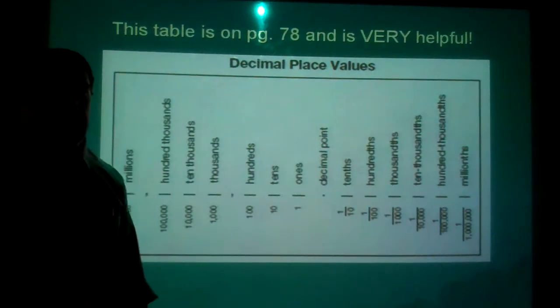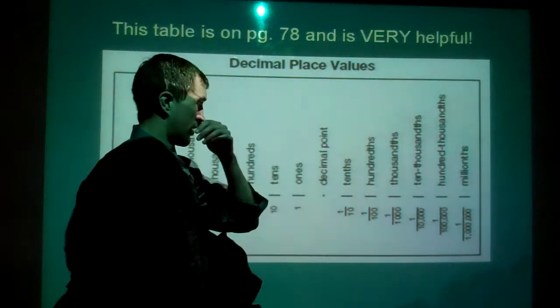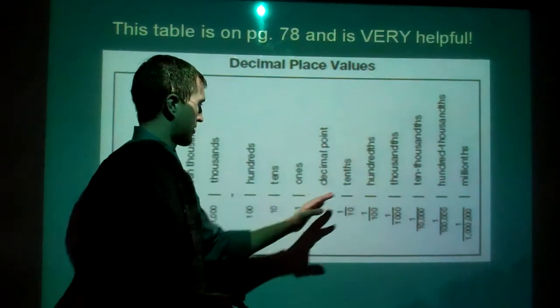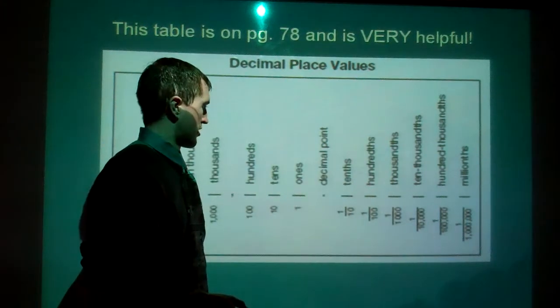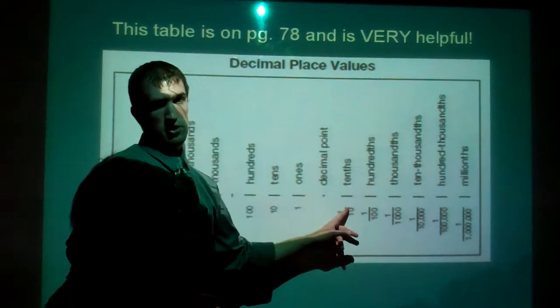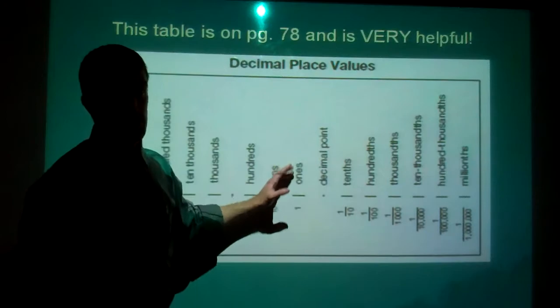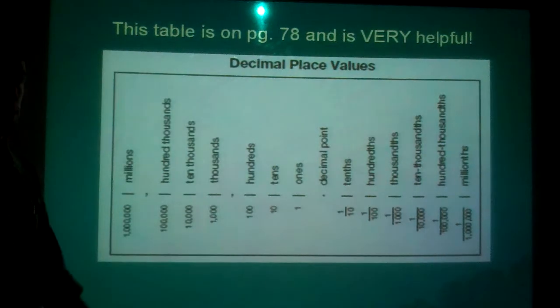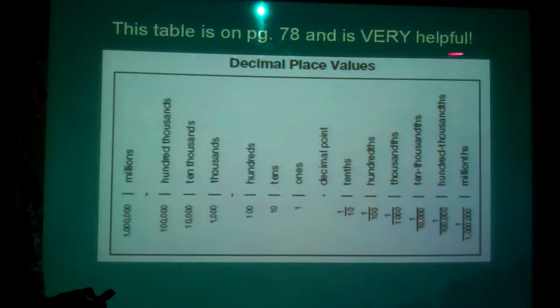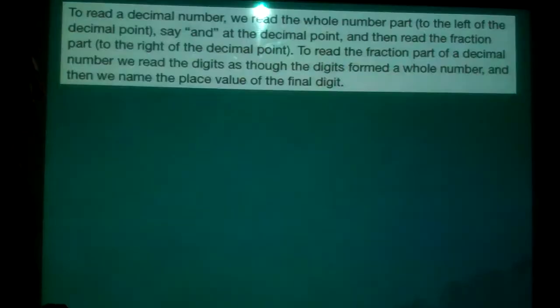Those all end in "ths," so that's how we distinguish between tenths and tens. Also notice that immediately to the right we're in tenths, and immediately to the left we're in ones. So that's a good thing to remember. Very helpful table on page 78.